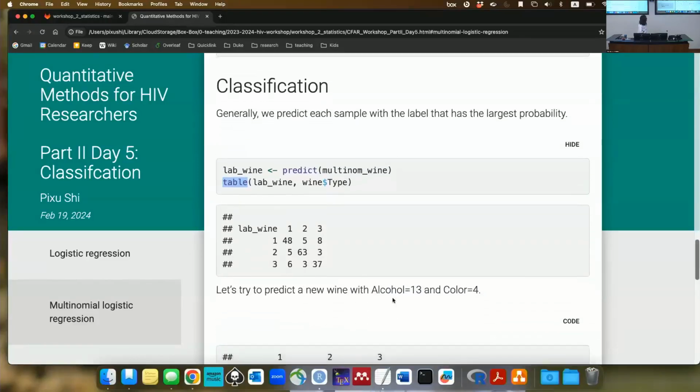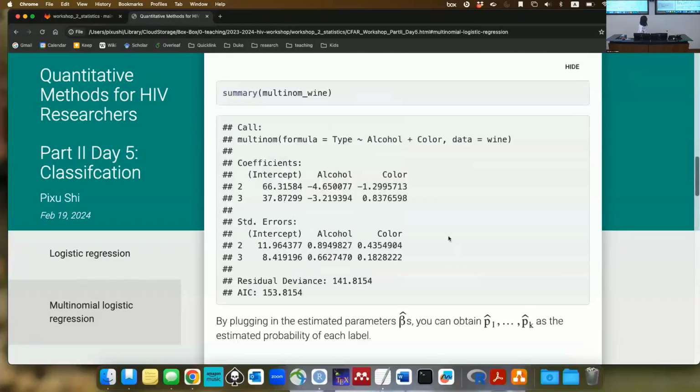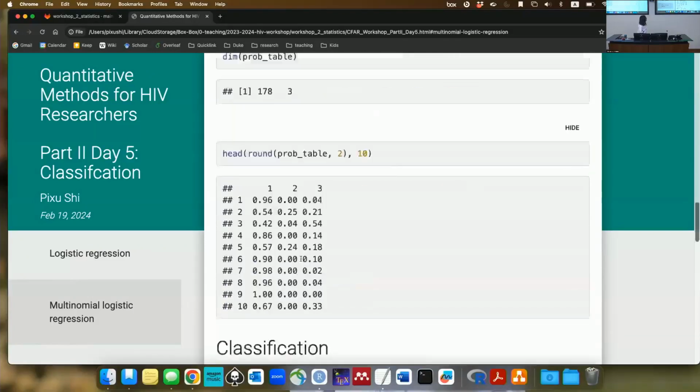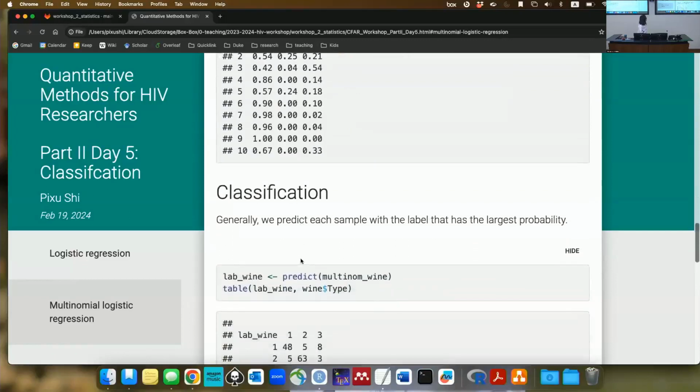So suppose we have a new wine that has this level of alcohol and this level for the color. You can plug into the regression coefficients. Plug in those numbers, you will get the log odds for each category, and then transform them into probabilities.